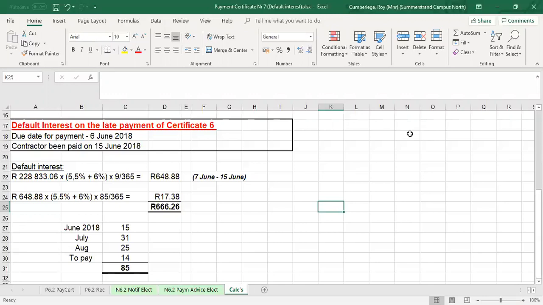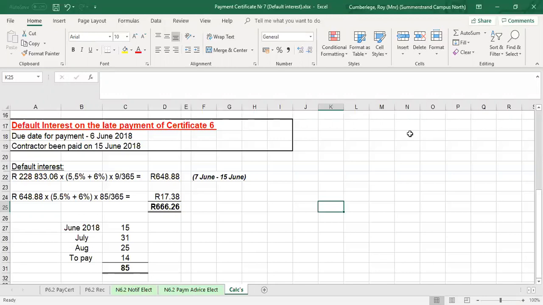So let's assume in this case that certificate 6 was paid late. The due date for certificate 6 was the 6th of June 2018. The contractor is paid on the 15th of June, so the payment was made late.